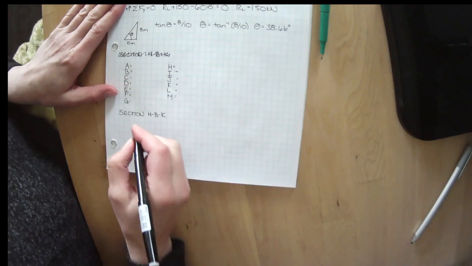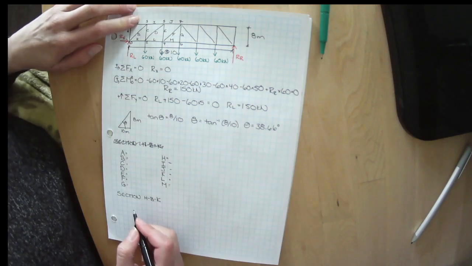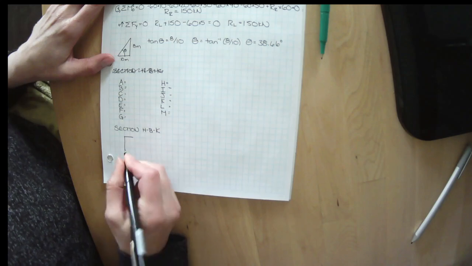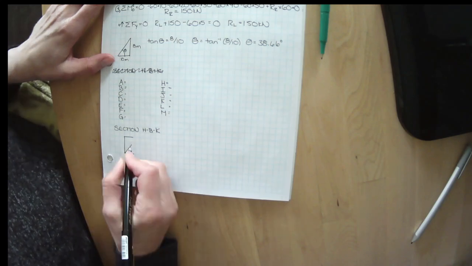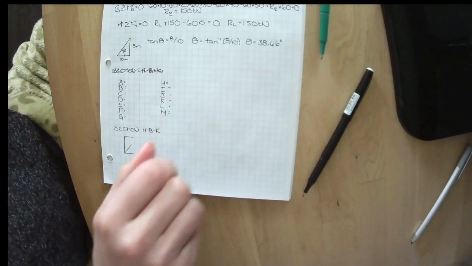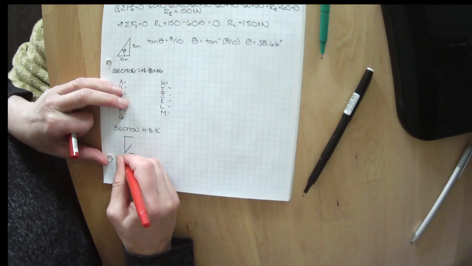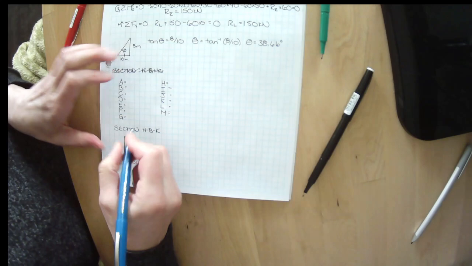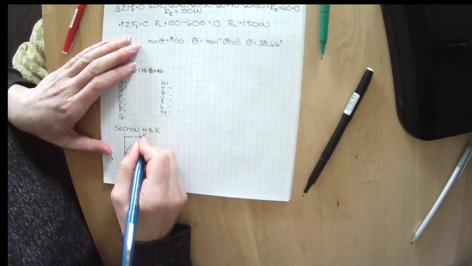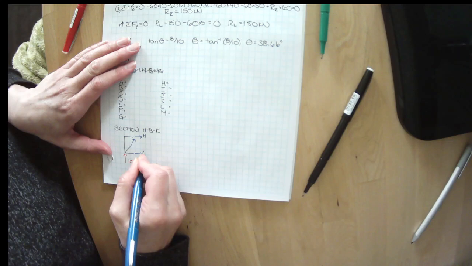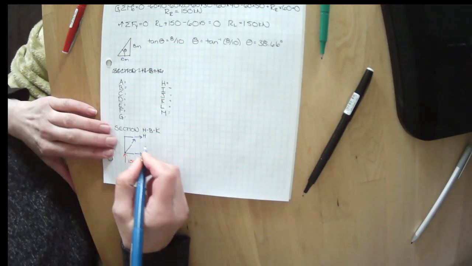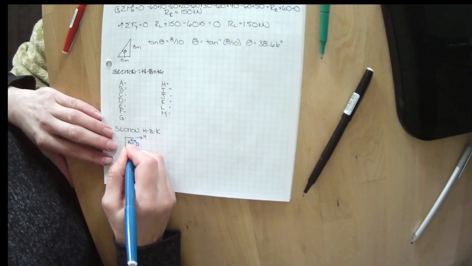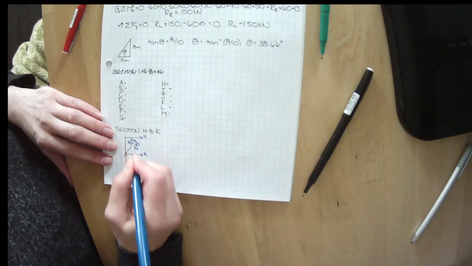Okay, so let's draw this cutting through H, B, and K. We have a reaction here that we've solved for of 150 kilonewtons. And we have unknown internal forces H, B, and K. We know that B can be broken into By and Bx.